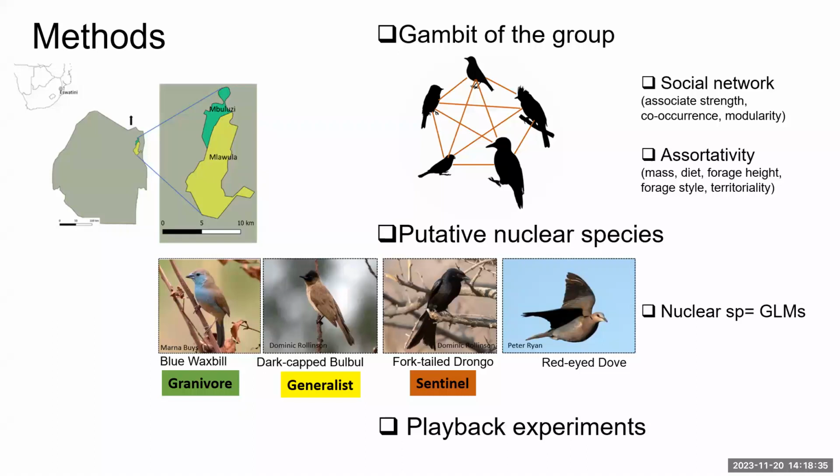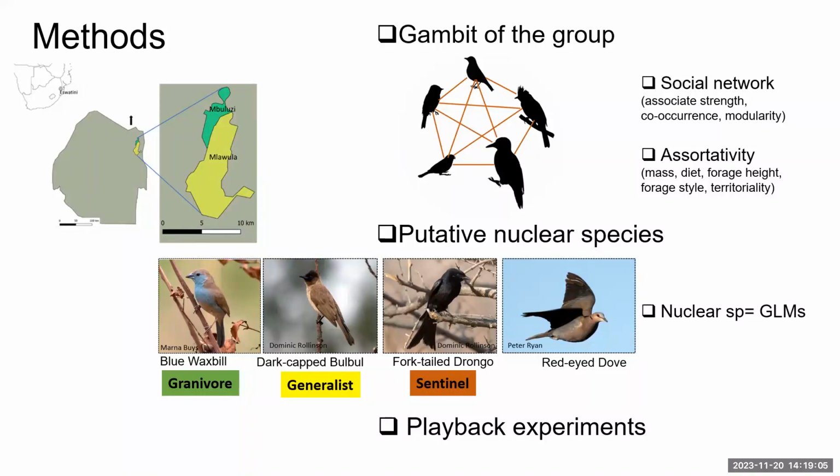To characterize our social network, we used 2 packages in R, and also did some social network analysis to investigate co-occurrences and to figure out how species are associating in that social network.